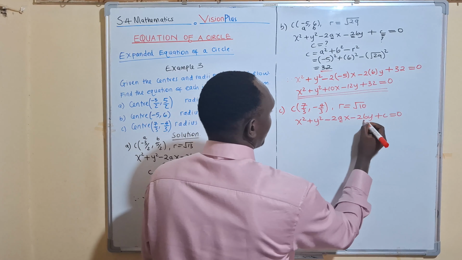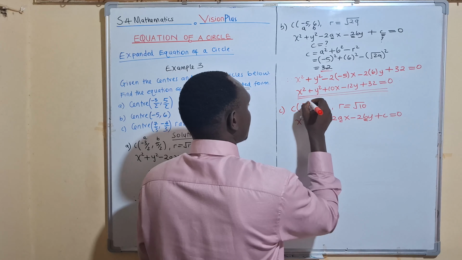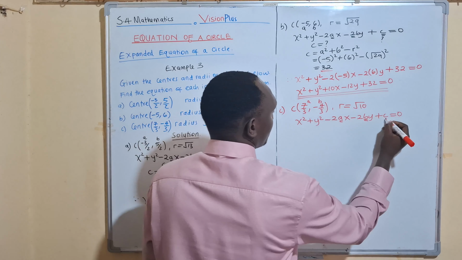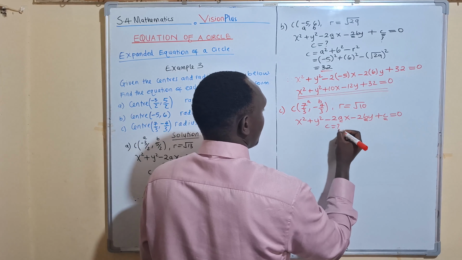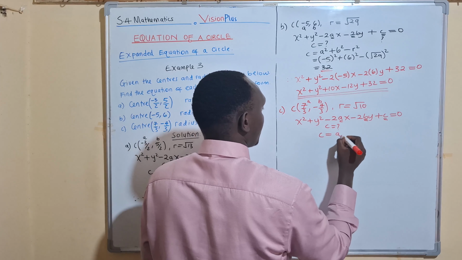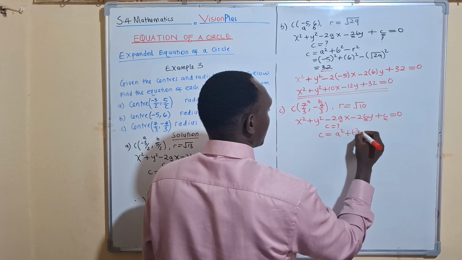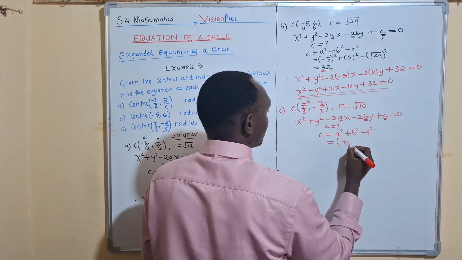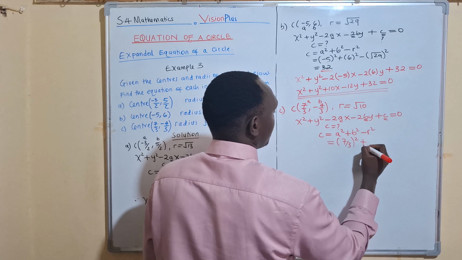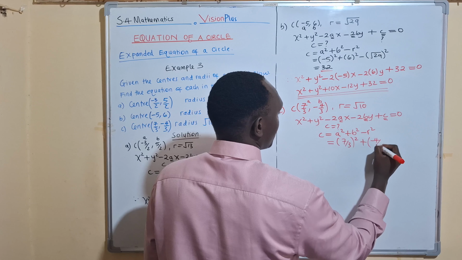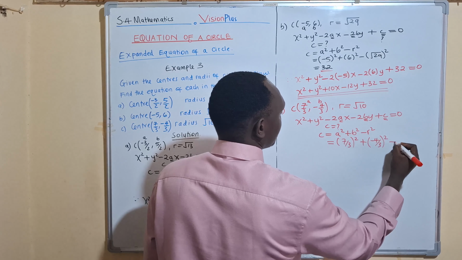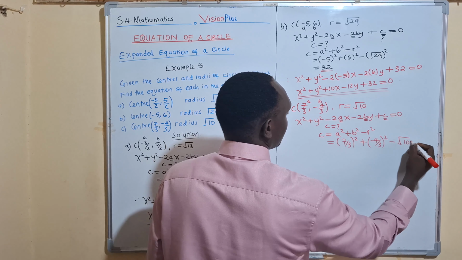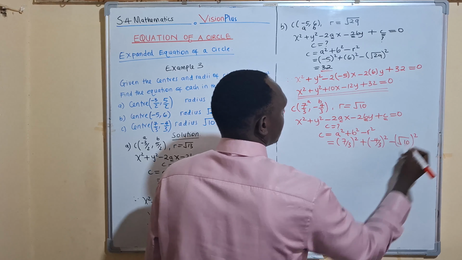We have a, b as coordinates of the center, but we don't have c. C is not given. But we know that c is given by the formula a squared plus b squared minus r squared. Substitute for a, 7 out of 3 squared, plus substitute for b, negative 4 out of 3 squared, substitute for r, root of 10 squared.